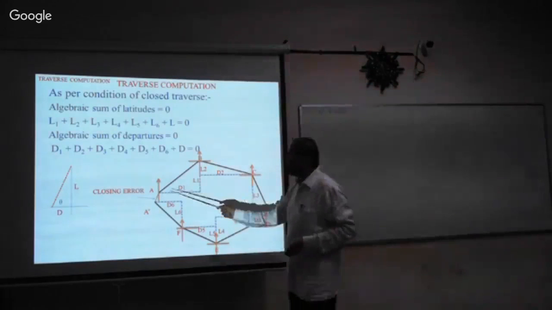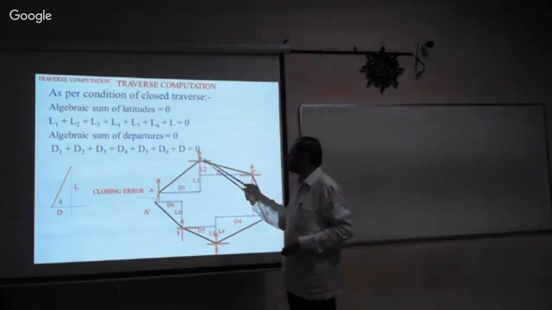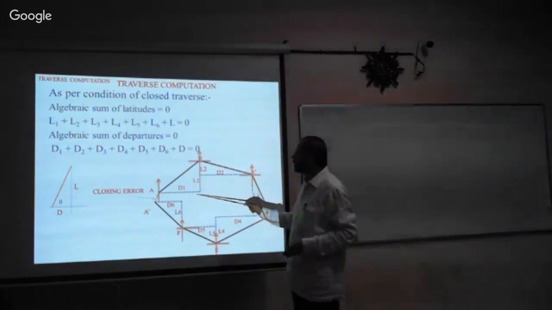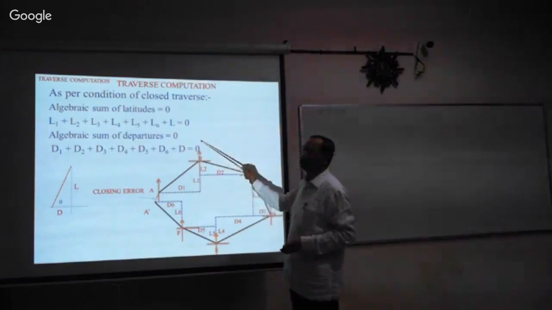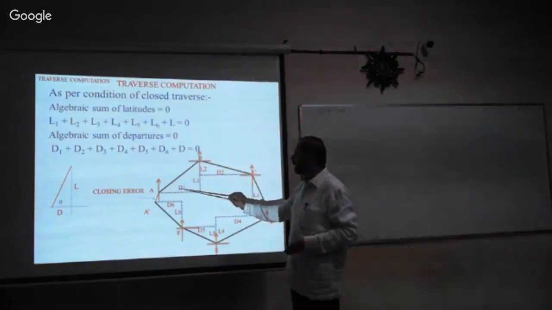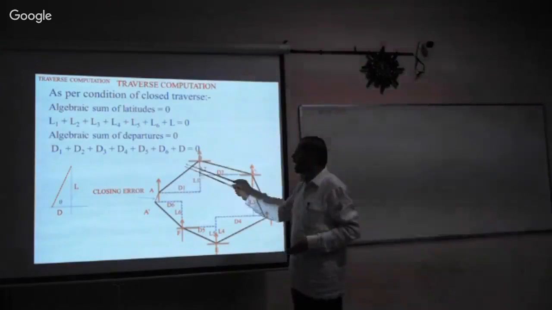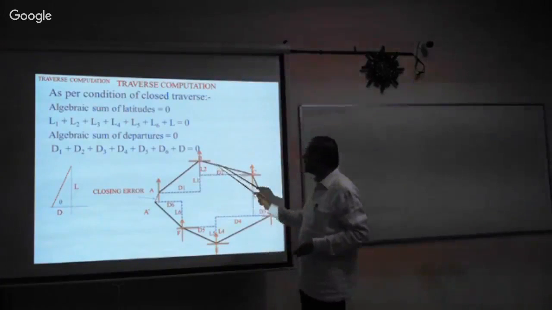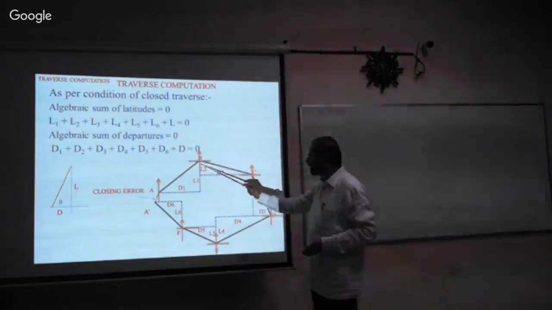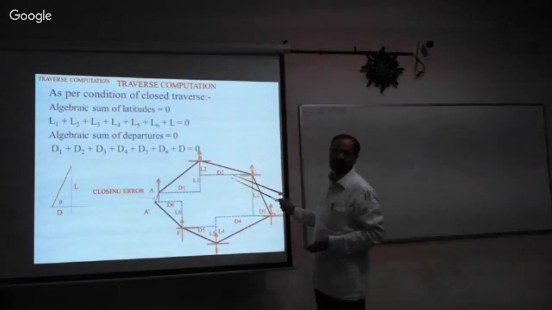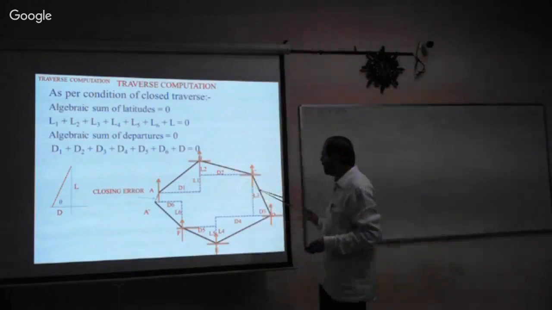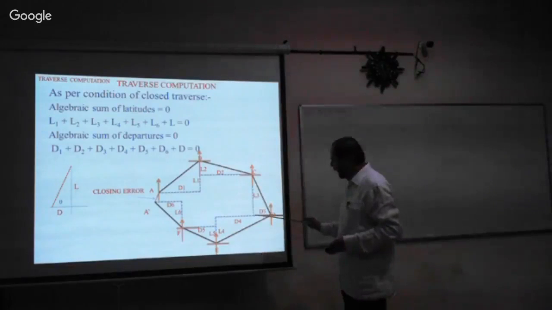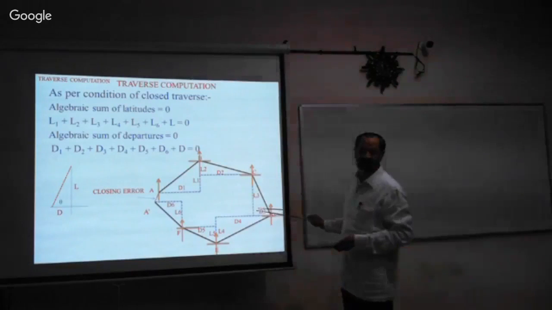For example, for survey line AB, the departure is measured rightward, so it is positive, and the latitude is measured northward, therefore it is positive. Similarly, for the survey line BC, the latitude is measured downward, negative, and the departure eastward, positive. It is in the second quadrant. And similarly, this is also in the second quadrant, with southward downward and eastward positive.